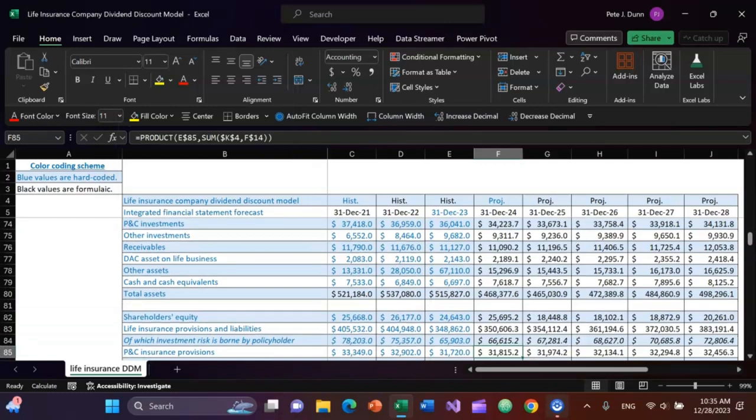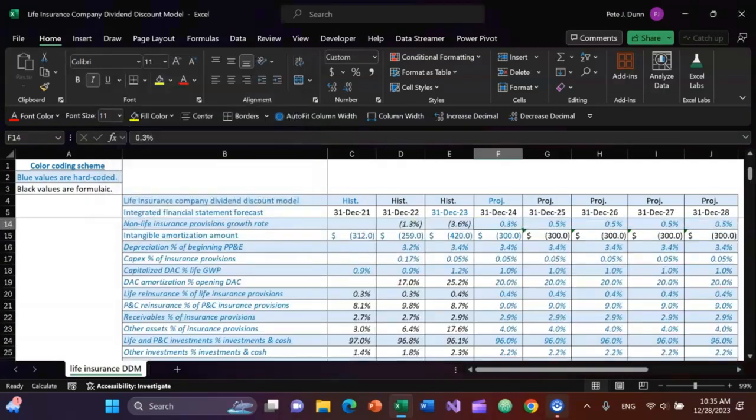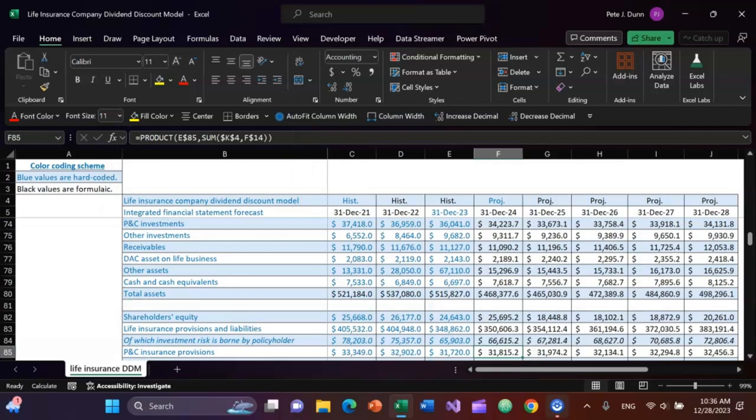For property and casualty, it's last period's number times 1 plus the assumption in row 14. So I can do F5, F14, and you can see that that property and casualty assumption is 30 basis points in 2024 and then steadies off at 50 basis points through the remainder of the forecast. F5 enter.